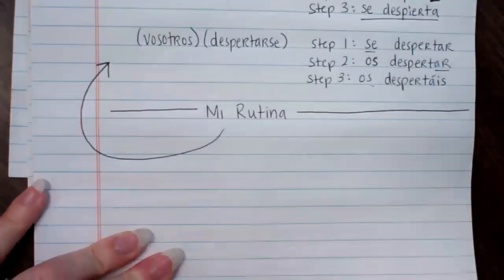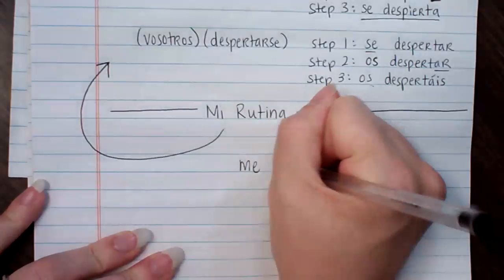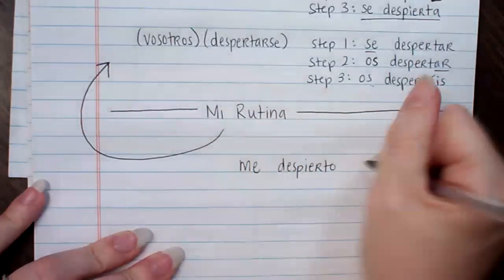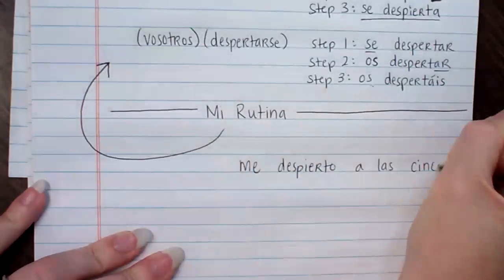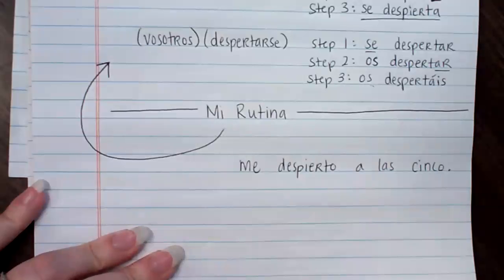So if I wanted to give you examples of my daily routine, I could write this: me despierto a las 5 de la mañana. I wake up at 5. The joys of having a baby.